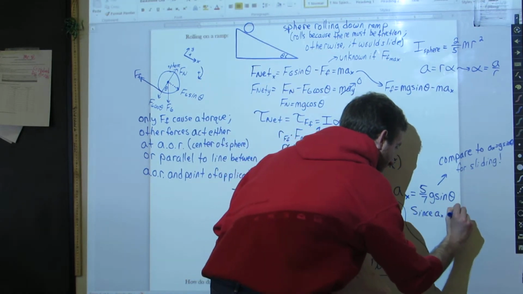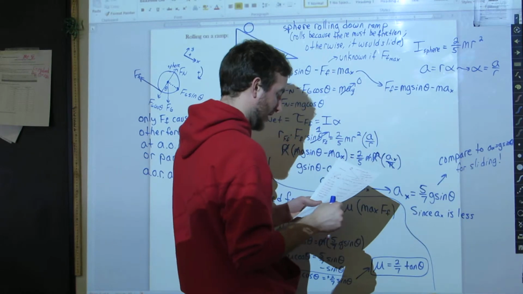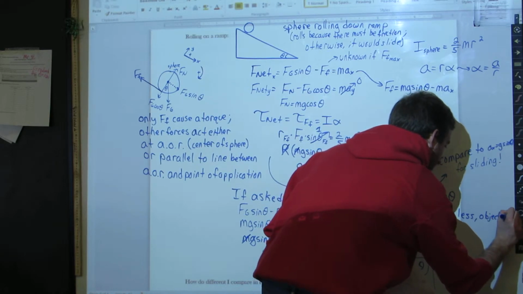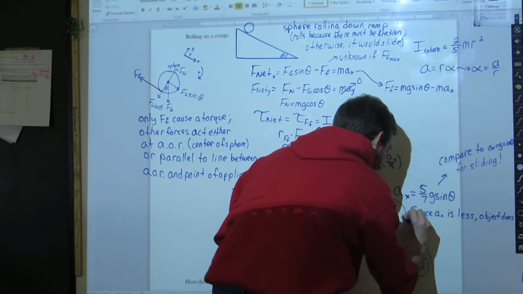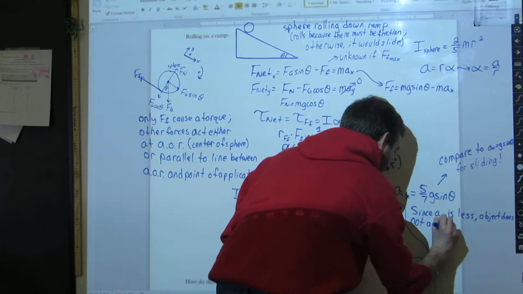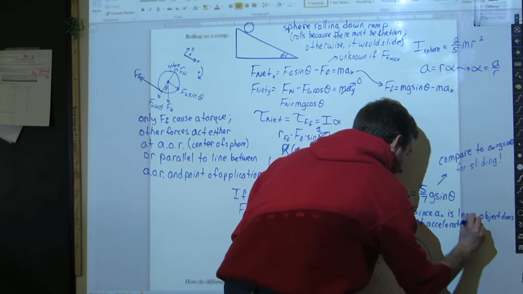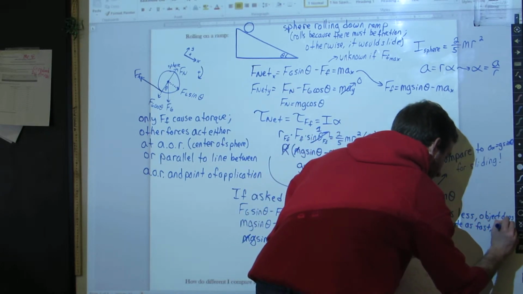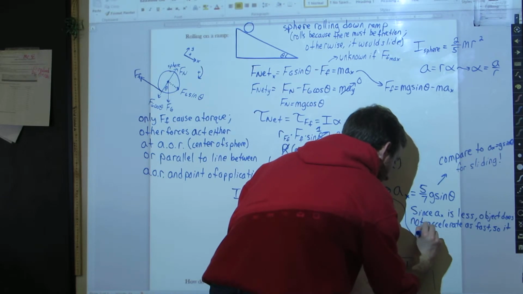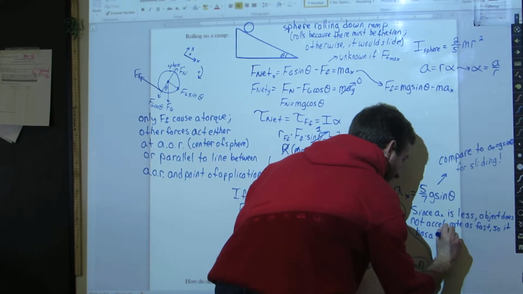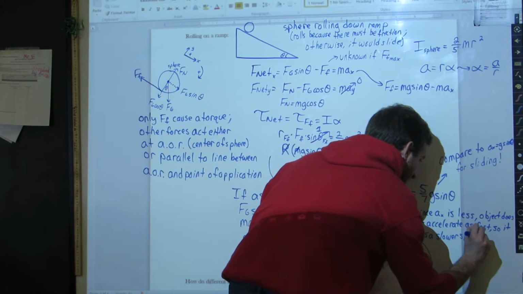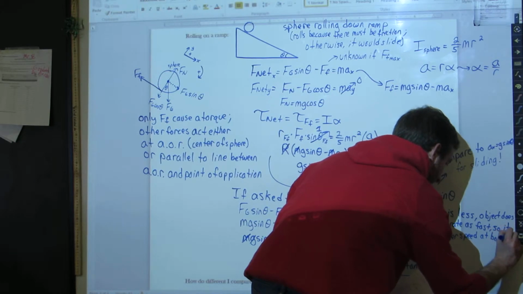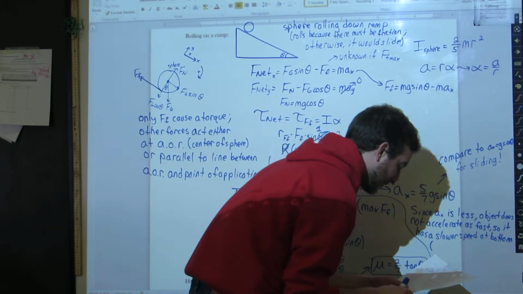Since ax is less, the object does not accelerate as fast, so it has a slower speed at the bottom. And again, this agrees with what we found earlier.